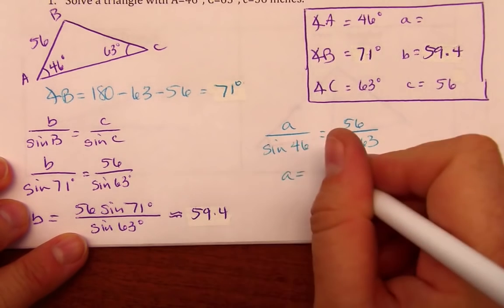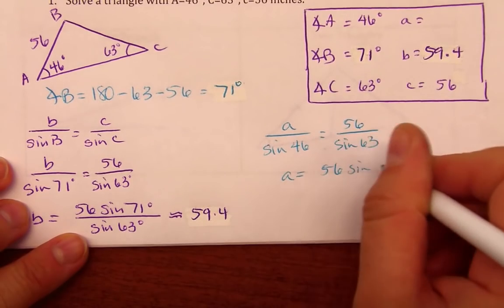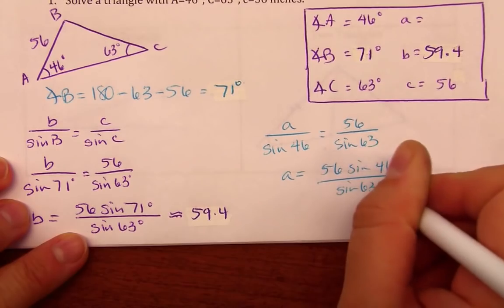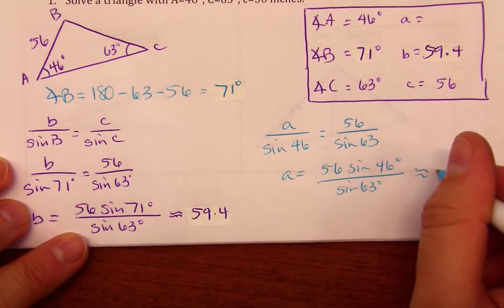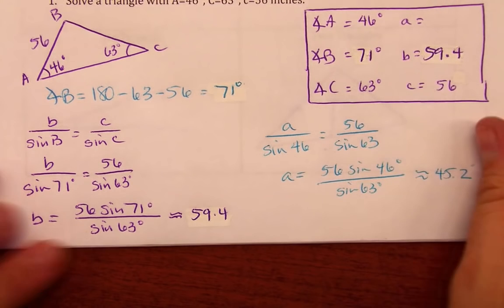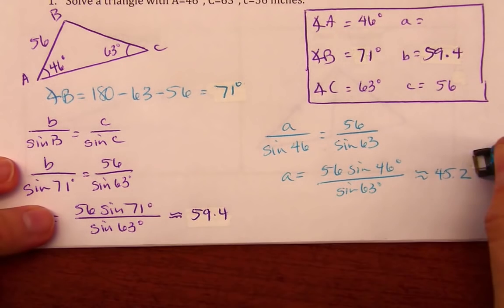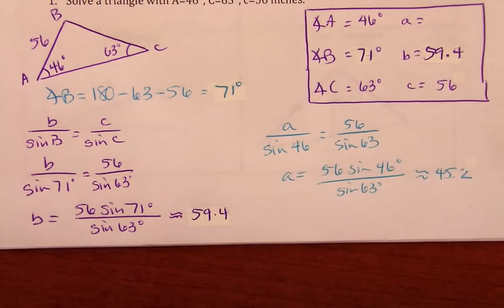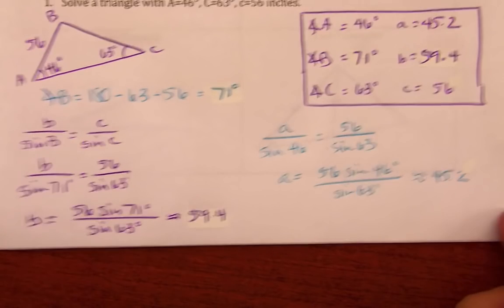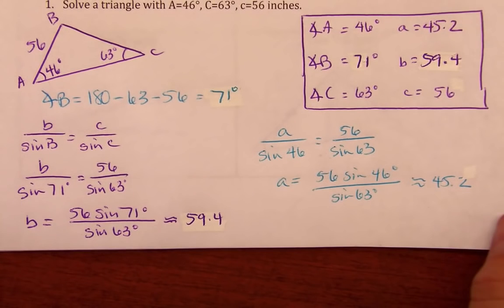And so A will be 56 times sine of 46 degrees over sine of 63 degrees. And that'll be about 45.2, not degrees. Okay. And that's what we're doing in this section. So there's our first example.